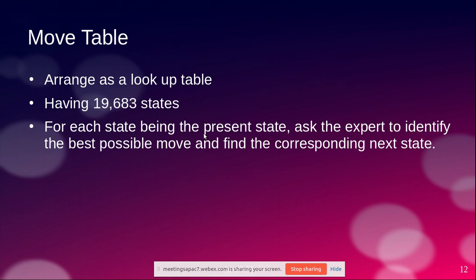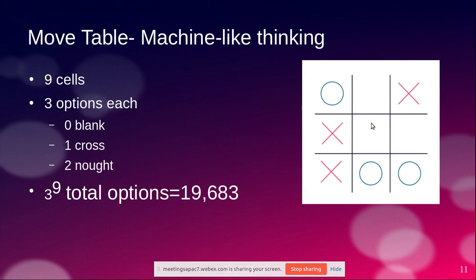So in this lookup table, we can represent each state as the present state, and for every present state, ask an expert. So show this combination to a human expert and ask, if you are supposed to place a cross, where do you want to place it?